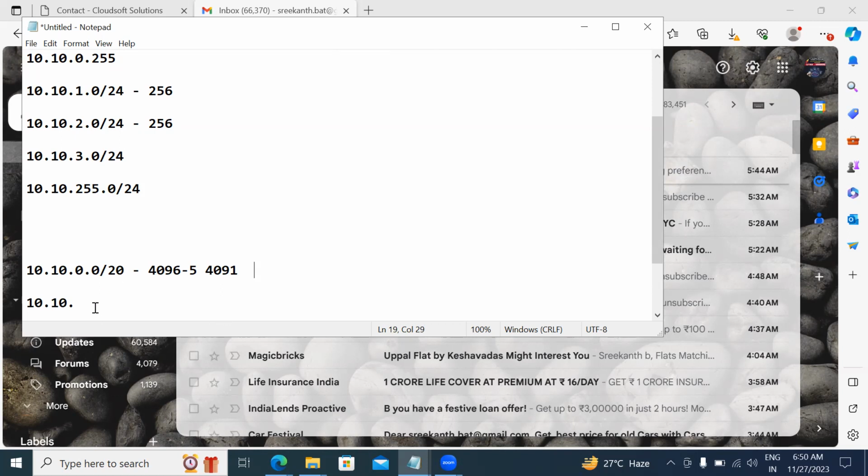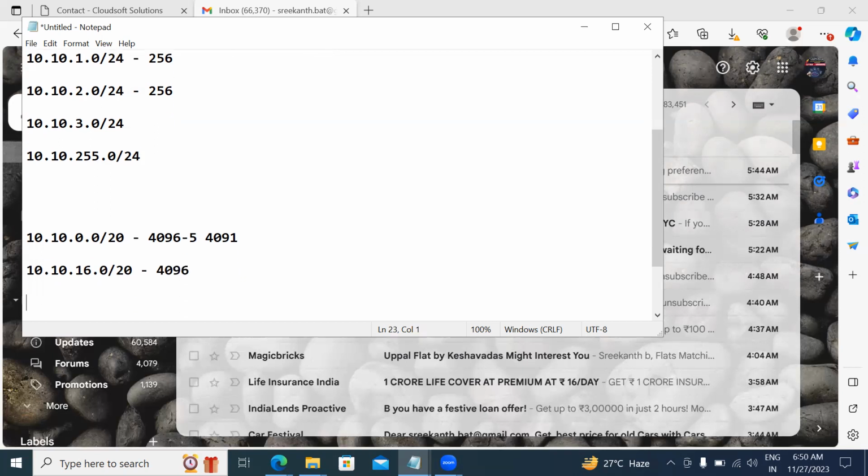So here, can you tell me, is it 16 or 17? 16 rows means it's 16 or 17? That is 16.0. Why? Because it started from 0. Again, this will take 4096 IPs.